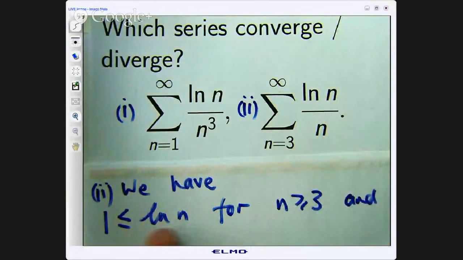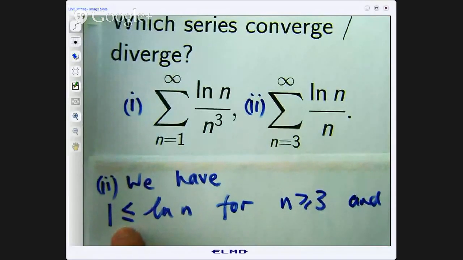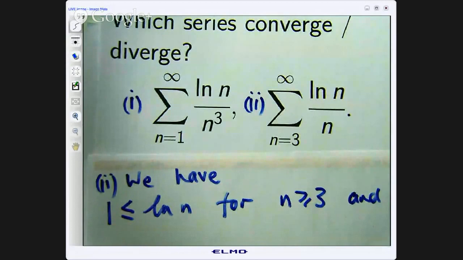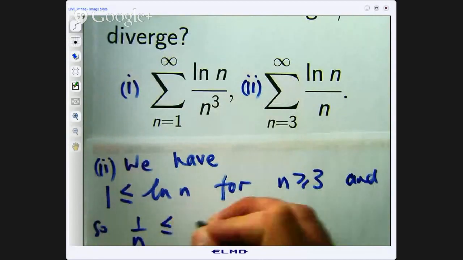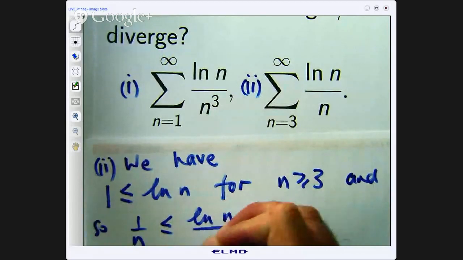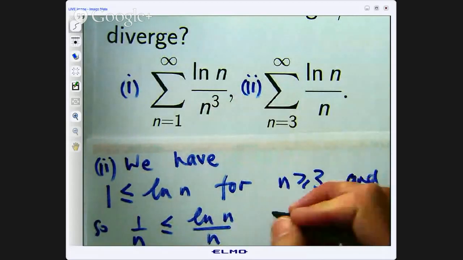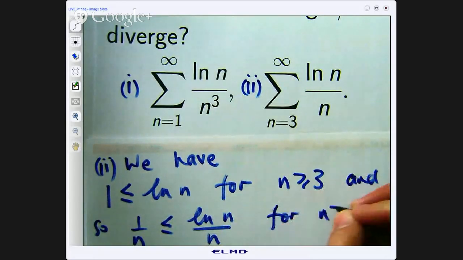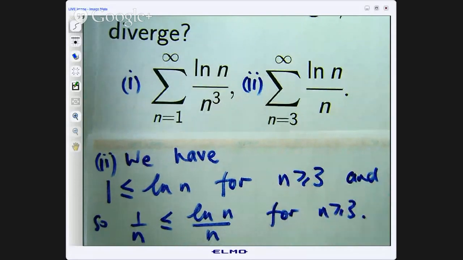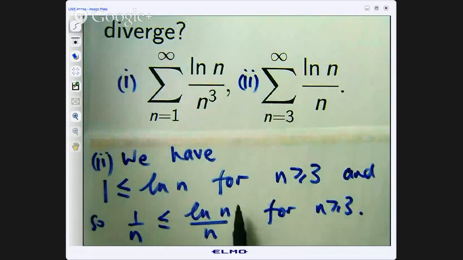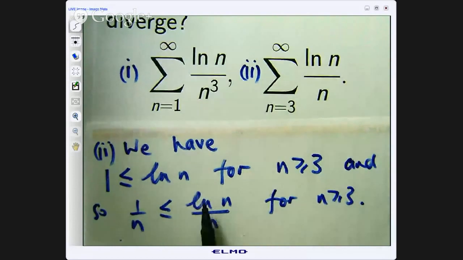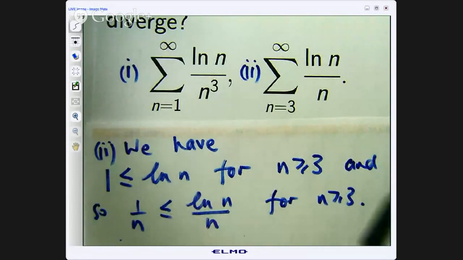Well, let's divide both sides by n. So 1 on n is less than or equal to the natural log of n all over n, again for all, say, n greater than or equal to 3. Now from this, if I sum up, I'll keep the inequality.